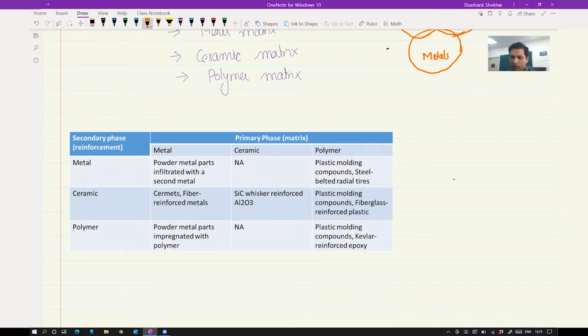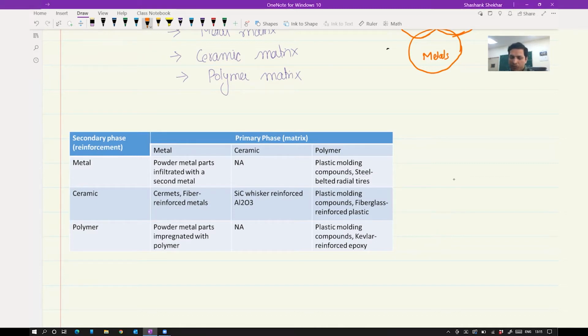Or you can have a ceramic matrix with metal reinforcement, but this is very rare because the overall characteristic of ceramics is brittle, and therefore if you use it as a matrix, then the component will be brittle in nature, and therefore it is not common, and there may be very exceptional examples for this. And other possibilities are polymer matrix and metal reinforcement and so on.